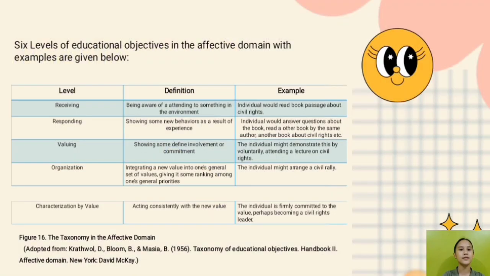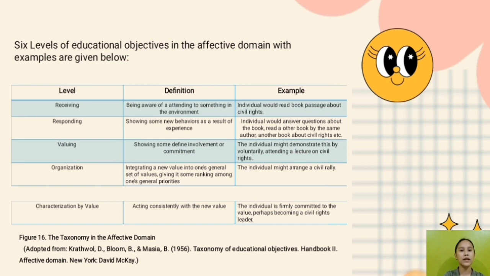Here are the levels of educational objectives in the affective domain with examples. The first level is receiving, being aware of or attending to something in the environment. For example, an individual would read a book passage about civil rights. The second level is responding, showing some new behaviors as a result of experience.